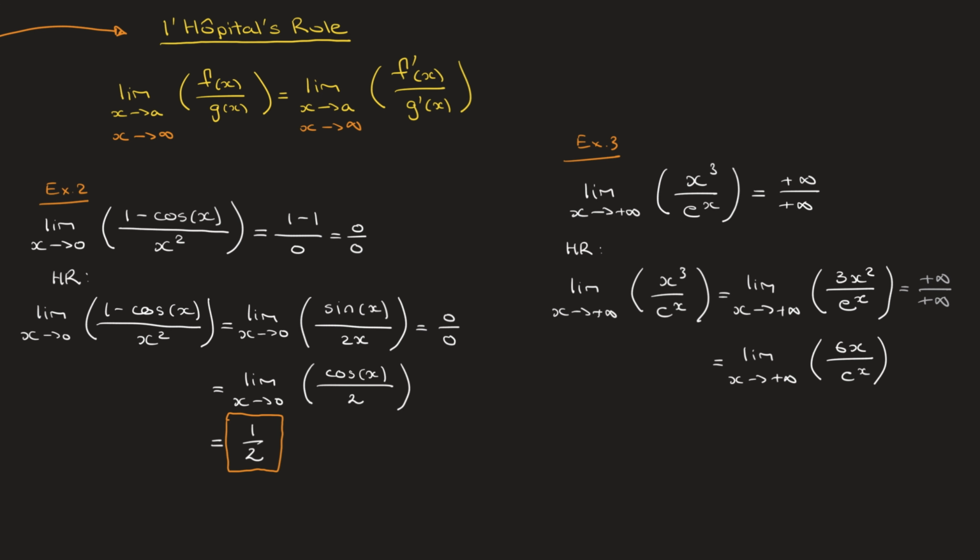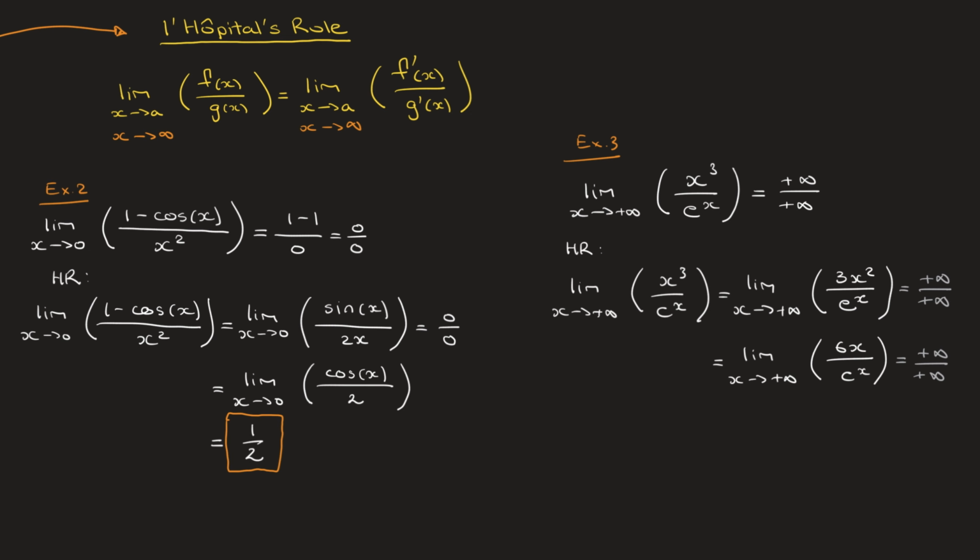There we go. Now looking at this limit again, and considering the numerator, as x tends towards positive infinity, 6x will also tend towards positive infinity, and so does e of x. So once more, we're faced with an indeterminate form of the type positive infinity over positive infinity.